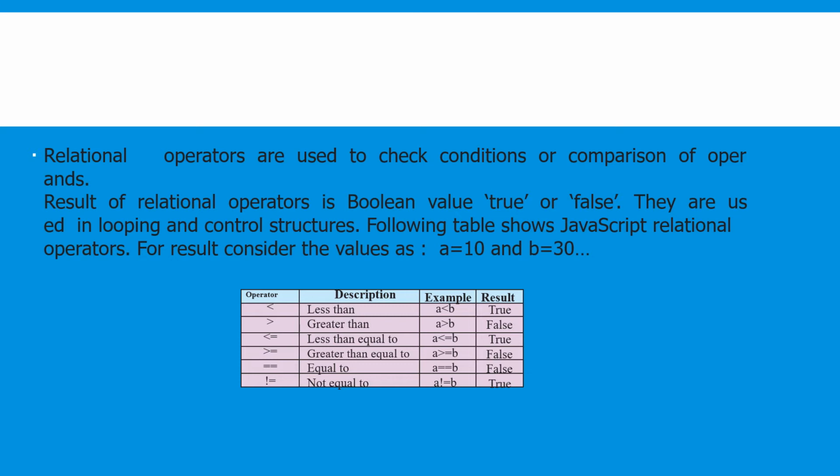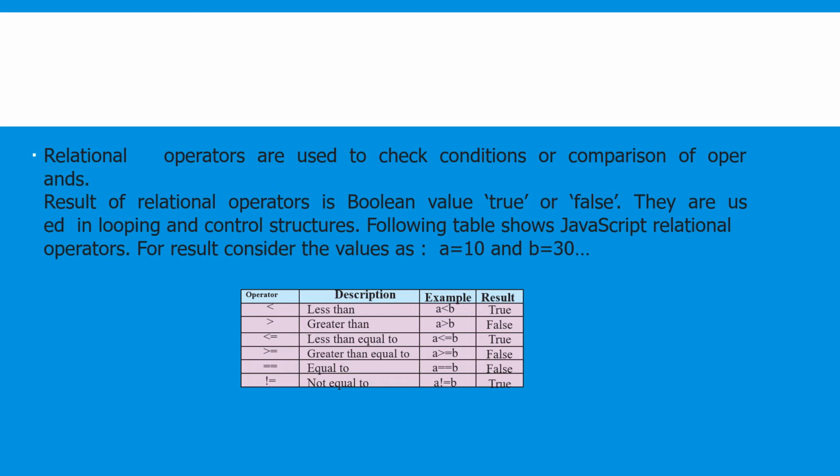So here first operator is less than, where a is less than b. So here a value is 10 and b is 30. So a is less than b, that is 10 is less than 30. The condition is true. So result we will get as true. Greater than sign, where a is greater than b. 10 is not greater than 30, so my result will be false.